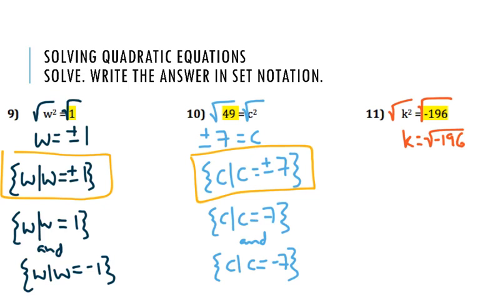But as we talked about before, we cannot take the square root of a negative number. There is no number multiplied to itself that gives us a negative number. So this indicates that there is no solution here. So k has no solution. Okay. And we use set notation is the empty braces.